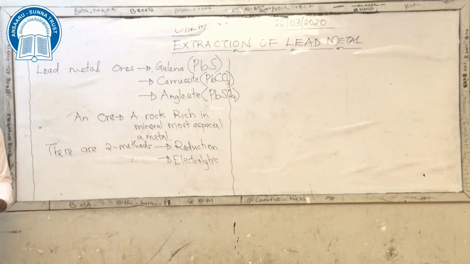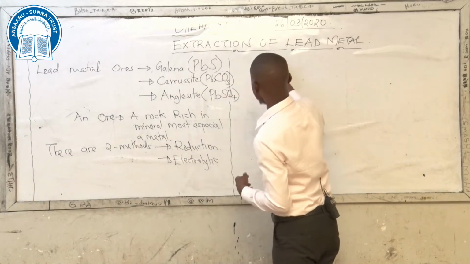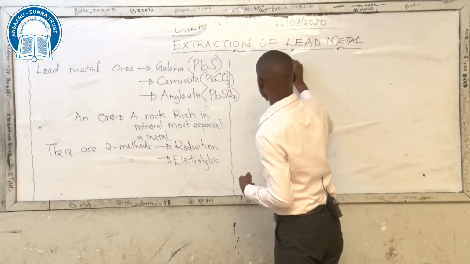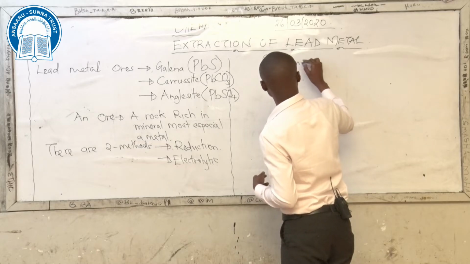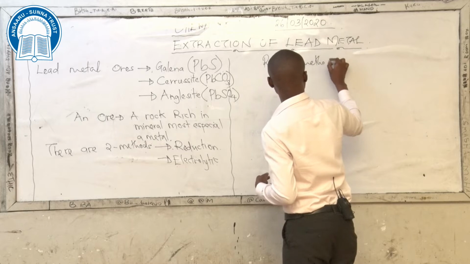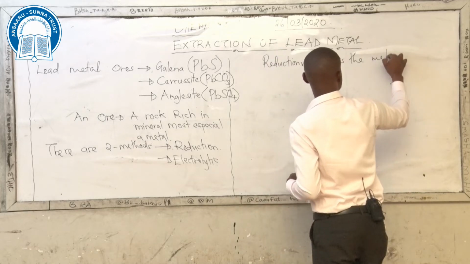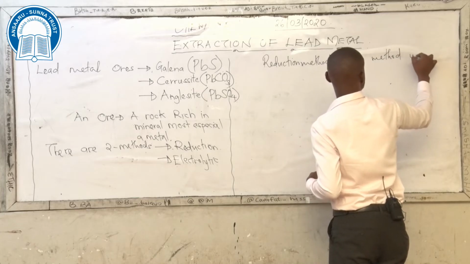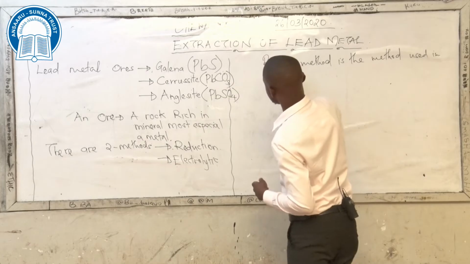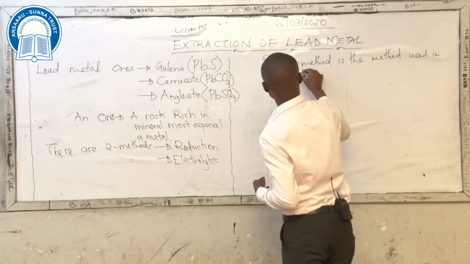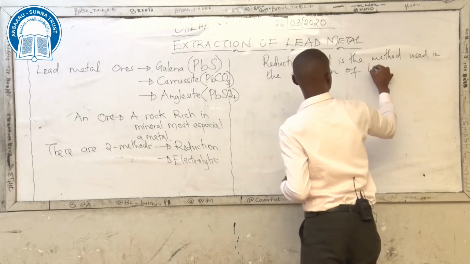Specifically for lead, the method used in the extraction of lead metal is the reduction method.